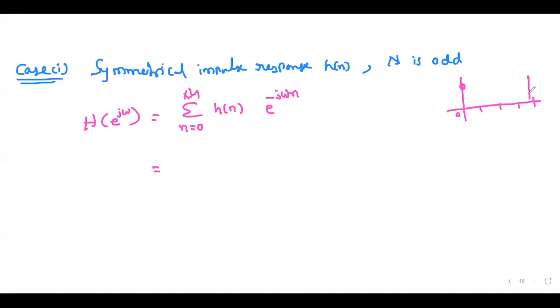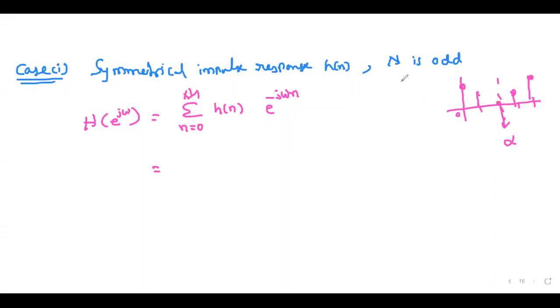When it is symmetric, the first sample and the last sample must be equal, and the middle is a constant value. This is called the symmetry point, alpha, the center of symmetry.